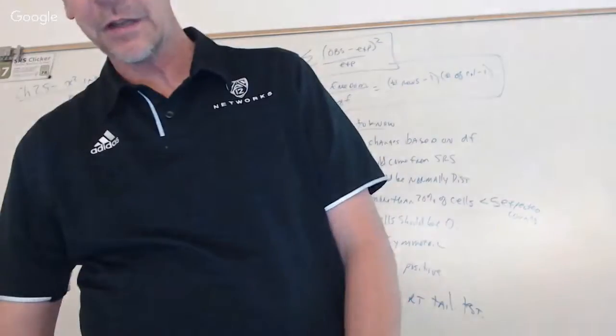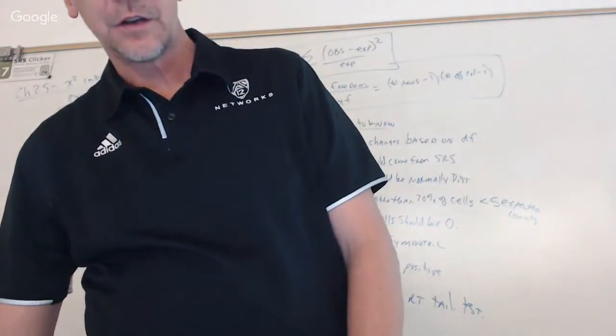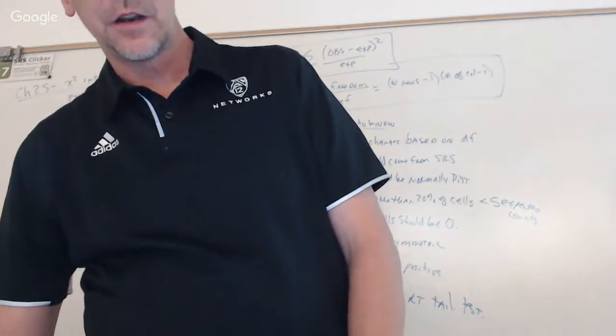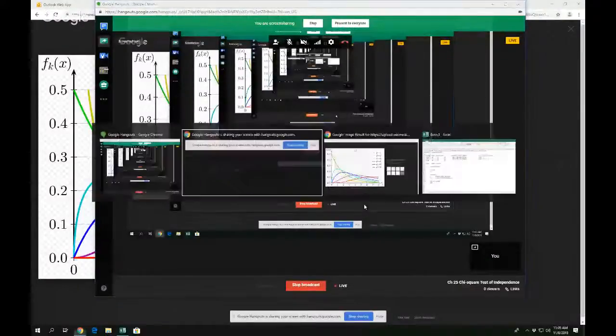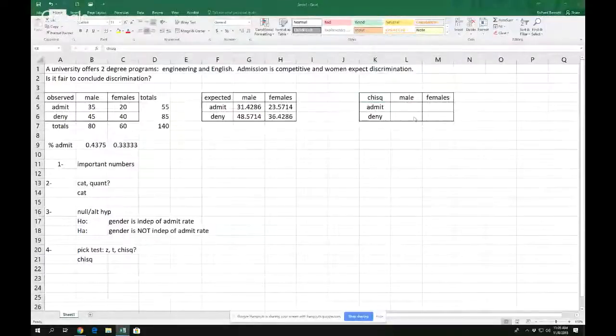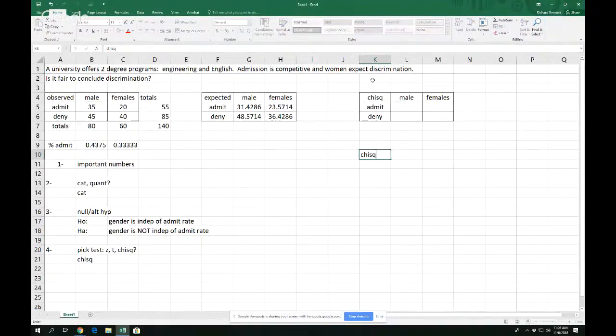All right, so let's go back to our problem. Okay, so we're doing our chi-square. Just as a reminder, chi-square equals the observed minus the expected squared divided by the expected.